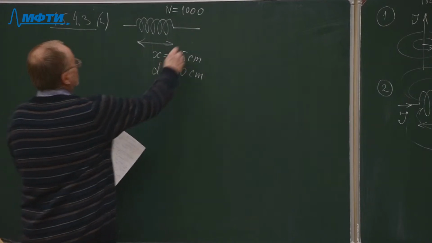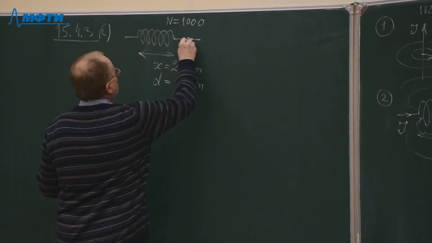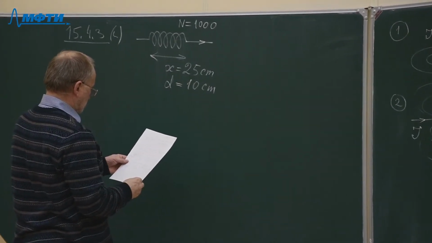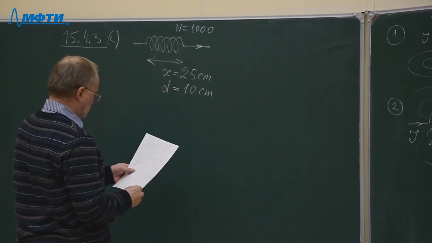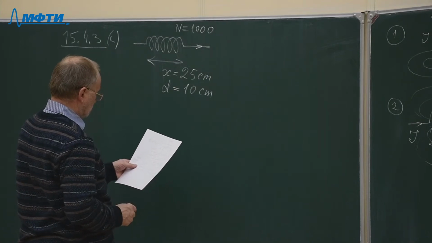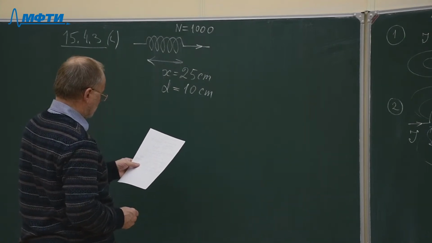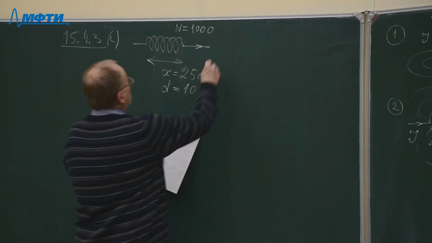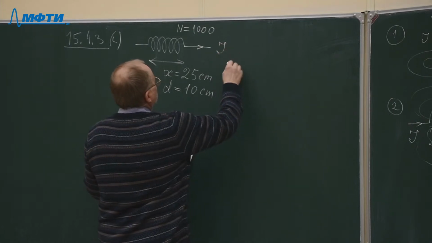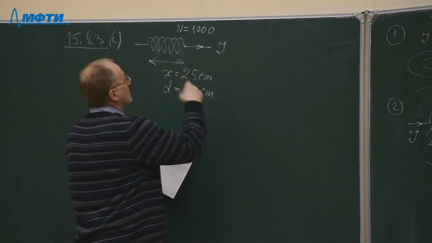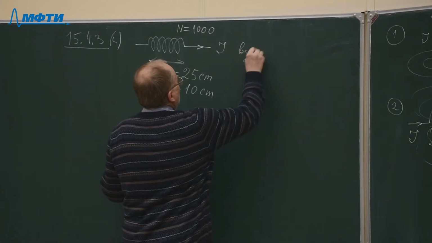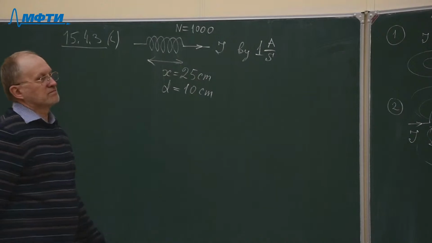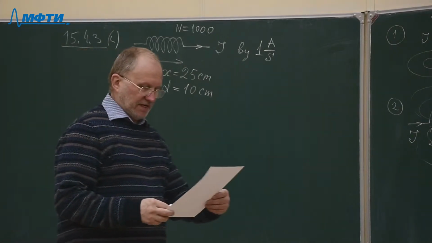And there is an electric current which increases by 1 ampere per second. 1 ampere per second.